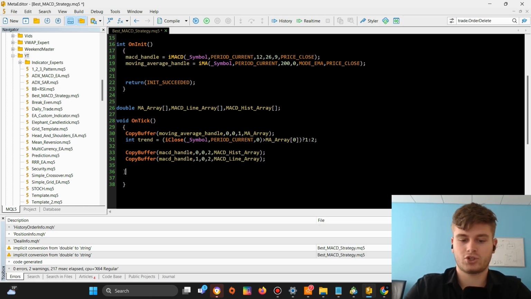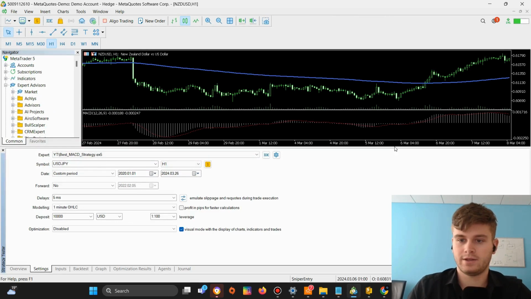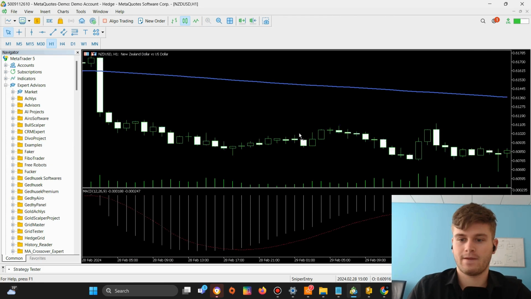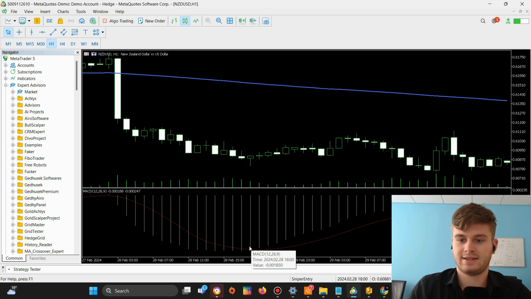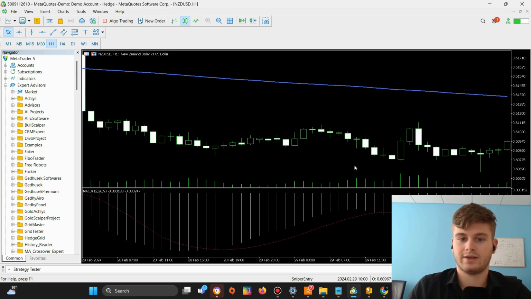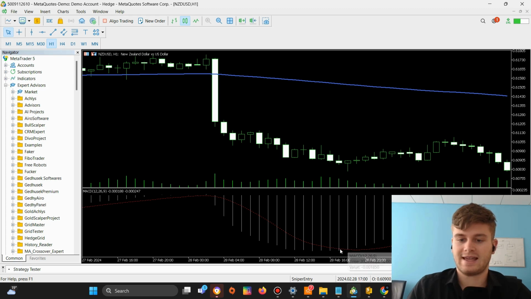So now let's check for buy crossover. Okay, so buy crossover happens right here, on the MACD, and it happens when the previous value of histogram is higher than the previous value of the line, but the current value of histogram is lower than the current value of the line.